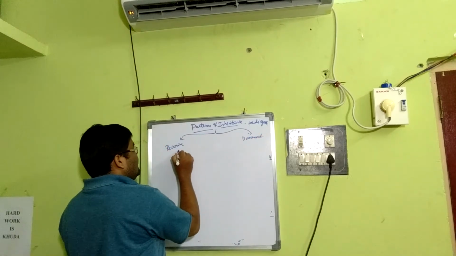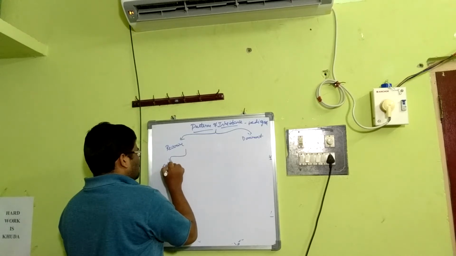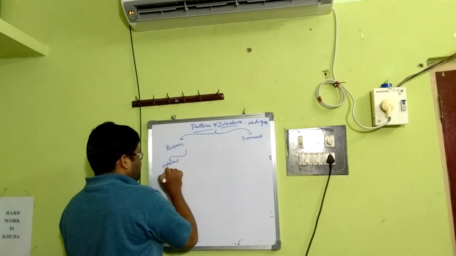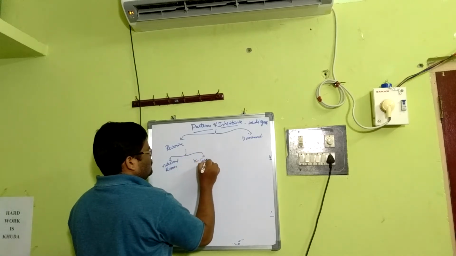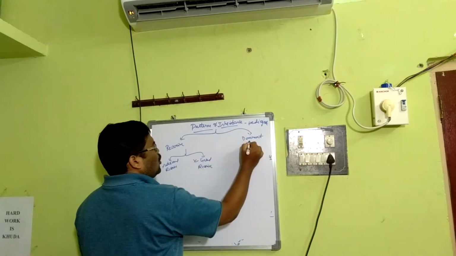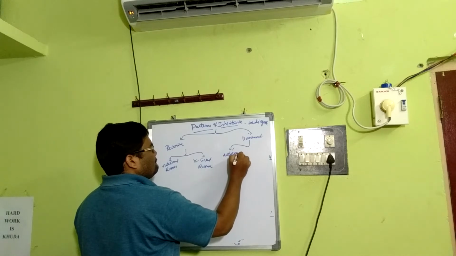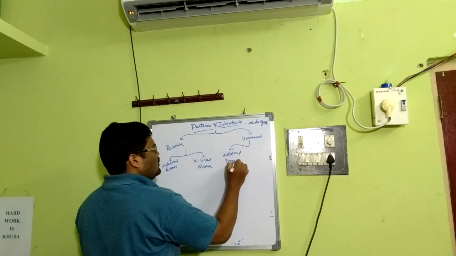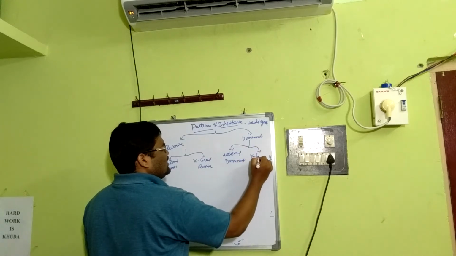In recessive again we have autosomal recessive, then X-linked recessive. In dominant we have autosomal dominant, then X-linked dominant.